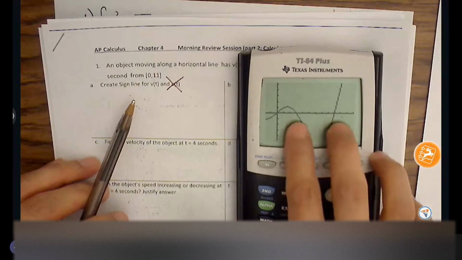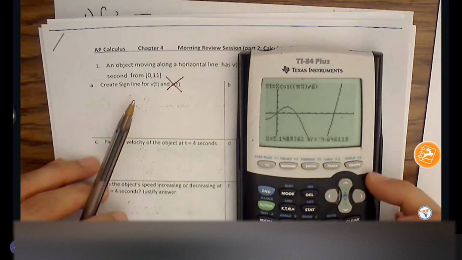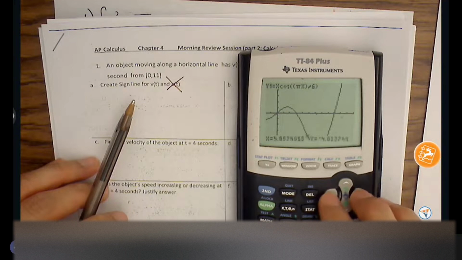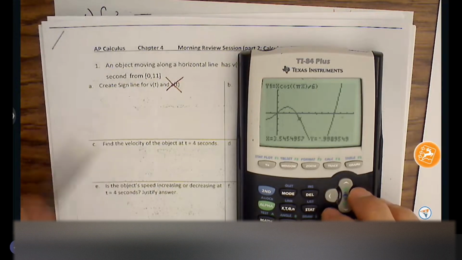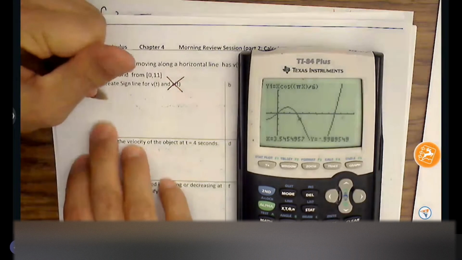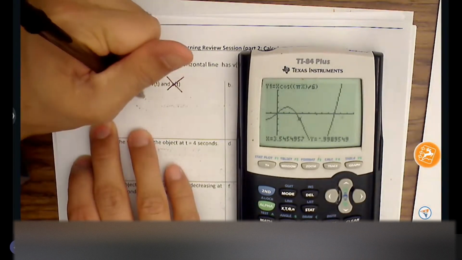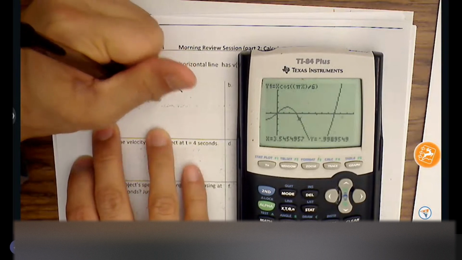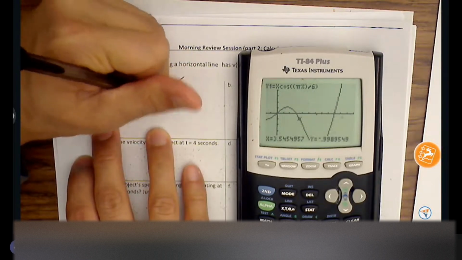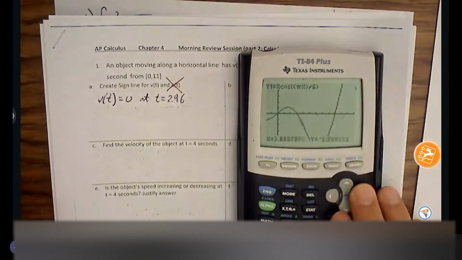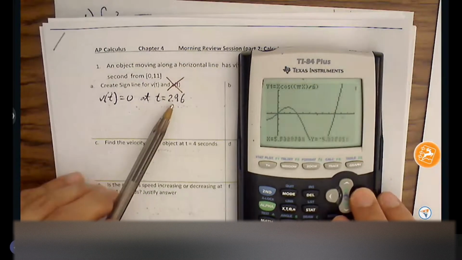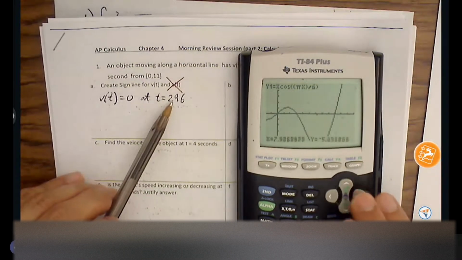So I'm looking for x-intercepts. I'm going to hit trace first, just to get an idea where it's landing. So it looks like it's landing around 3, 2.963. But it's just not exactly accurate, right?